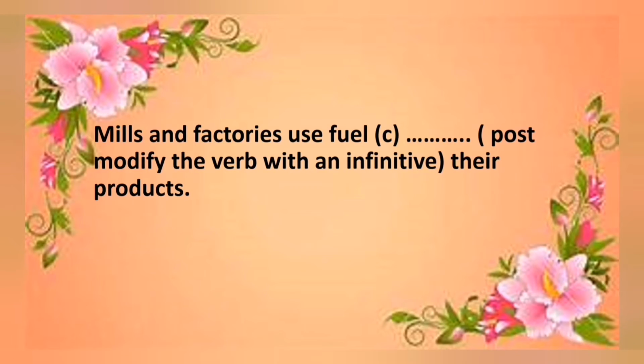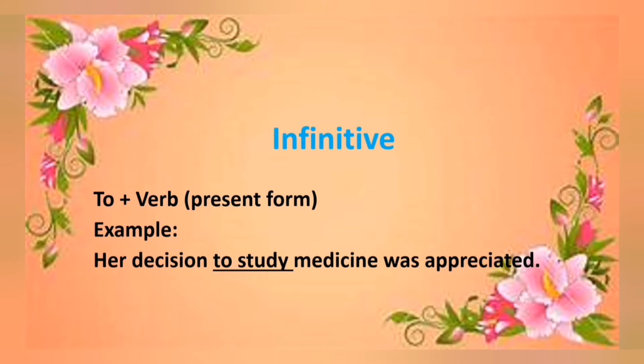Let's see the next sentence. Students, the next sentence is: mills and factories use fuel dash their products. Here you have to use an infinitive to post-modify the verb. Before using an infinitive, we must know about infinitives.